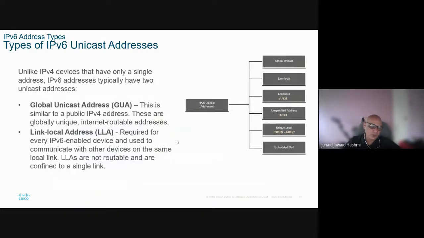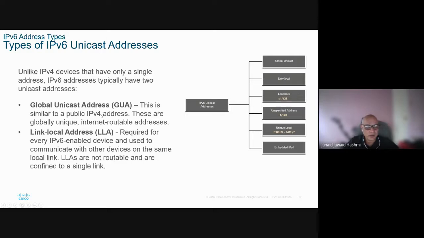All right. You have two types of IP version 6 addresses. One is the global unicast address, and the second one is the link local address. The global unicast address is like public IP version 4 addresses.